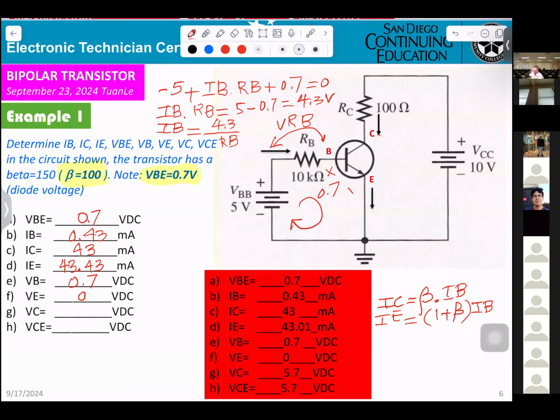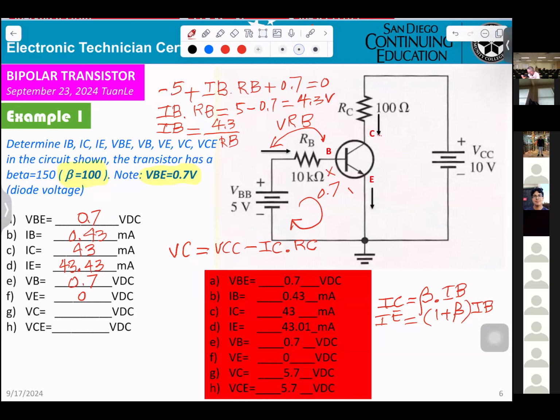VC equals the difference between the 10 volt VCC and the voltage drop across RC. VC equals VCC minus IC times RC.